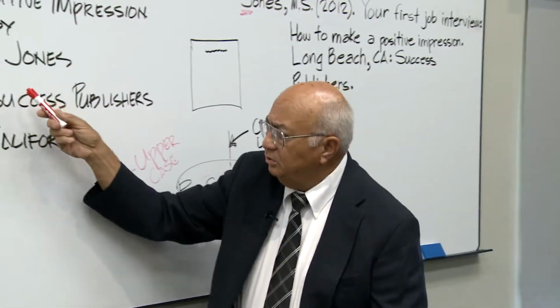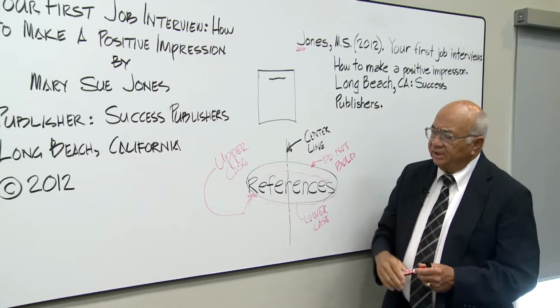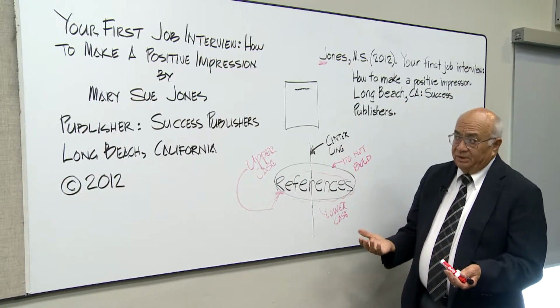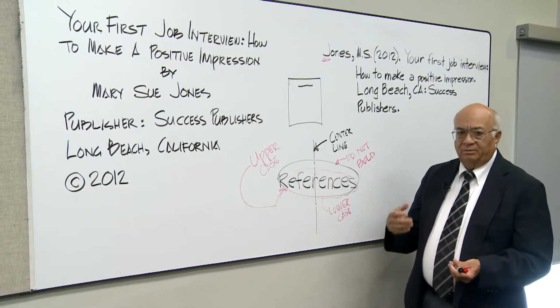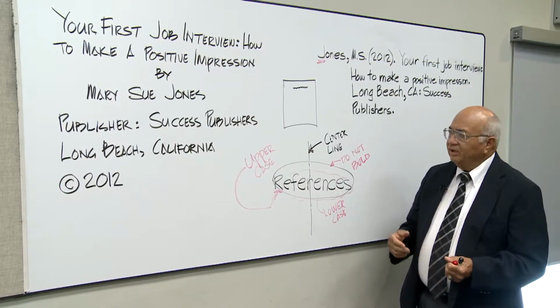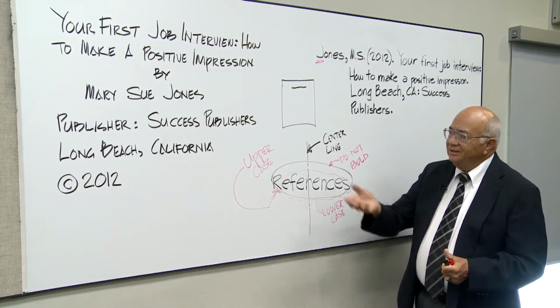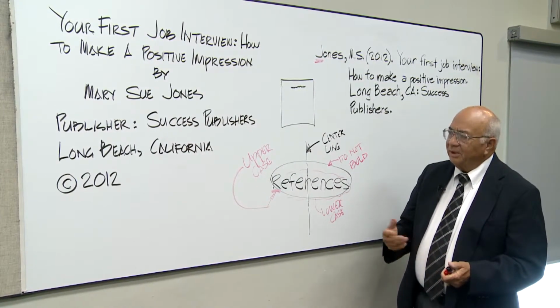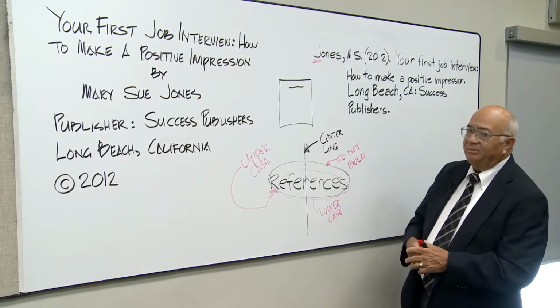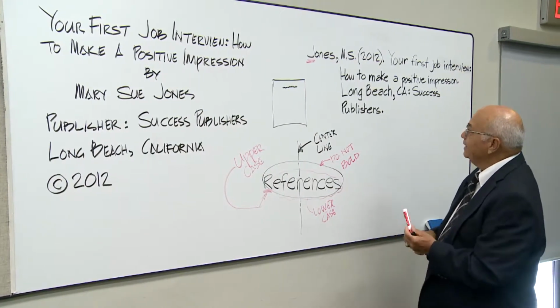Obviously, Mary Sue is pretty much a woman's name, although there was a song called Mary Sue at one time, and I forgot who the singer was, but it was all about a man named Mary Sue. Well, there aren't many Mary Sues that are men.